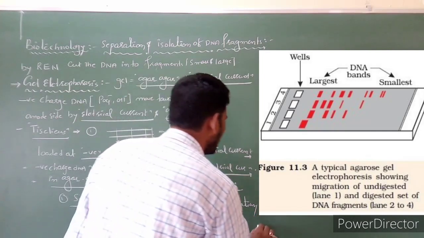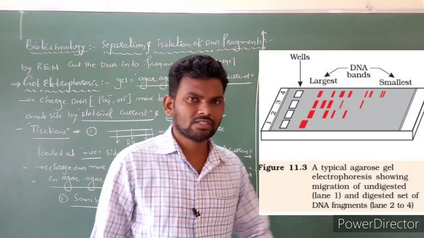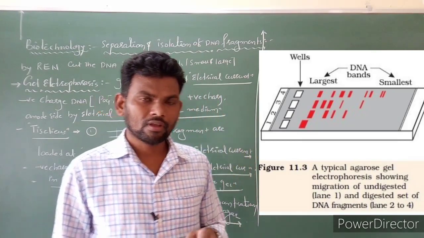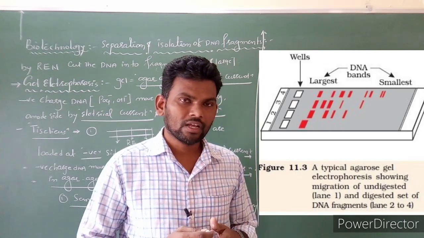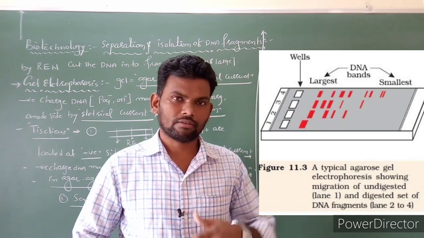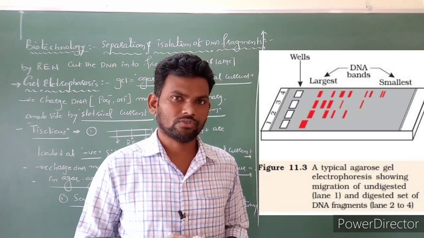Got the point or not? Let's see how the agar medium is prepared. Very simple. Just take agar powder and drop it in water. We have to boil this for some time. Later add some amount of salt. Now it becomes a semi-solid material, the agarose gel.